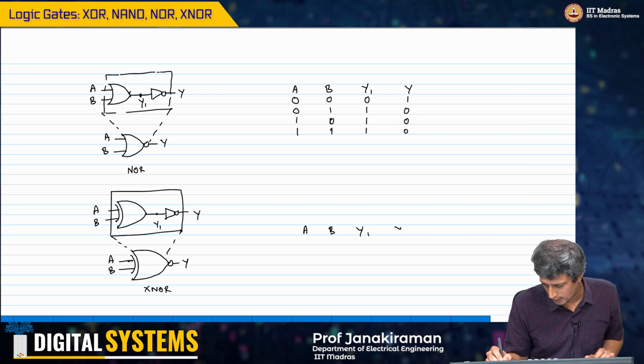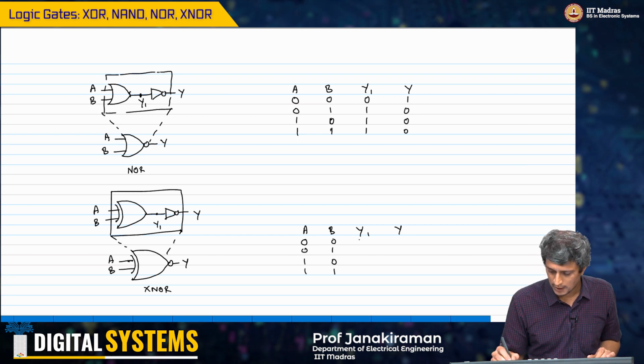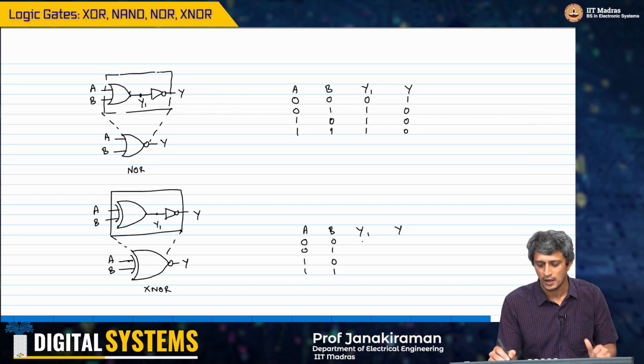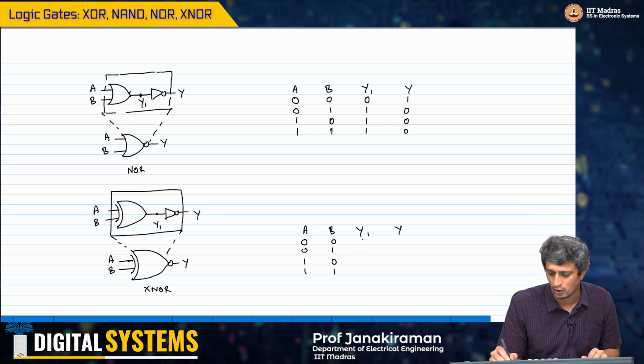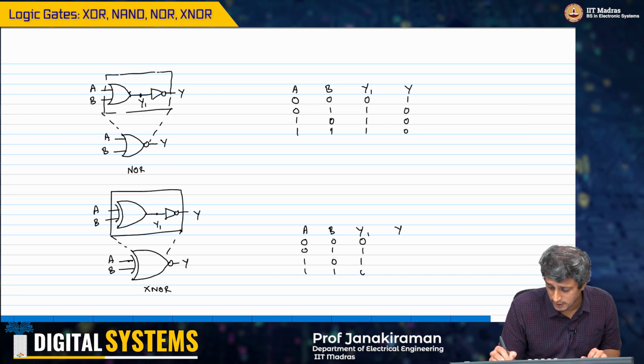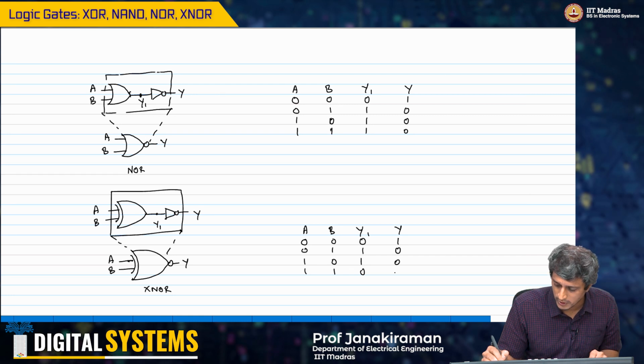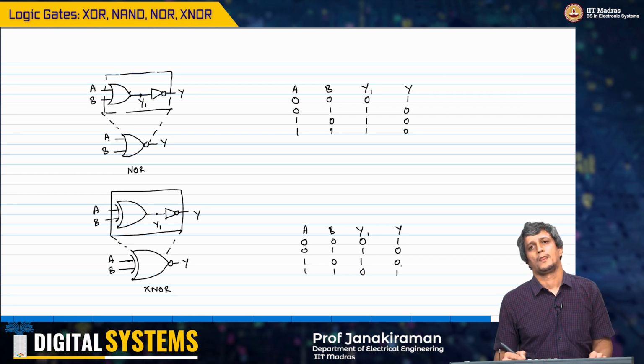So write down Y1 as usual, 0, 0, 0, 1, 1, 0, 1, 1, and therefore the output Y1 is just the counting of whether it's an odd number of ones or not, 0, 1, 1, 0. Y is just an inversion, so it's 1, 0, 0, 1.